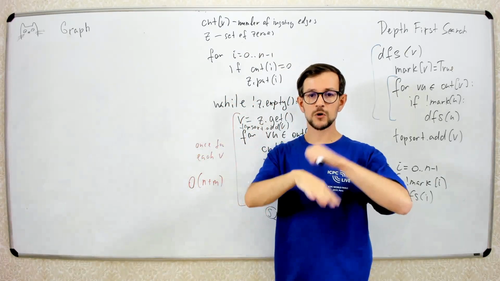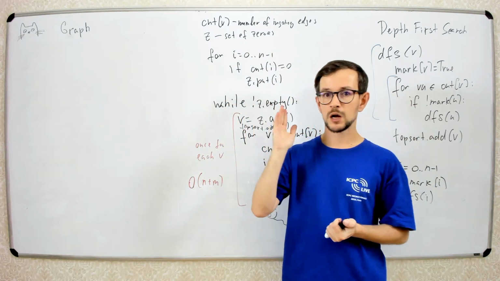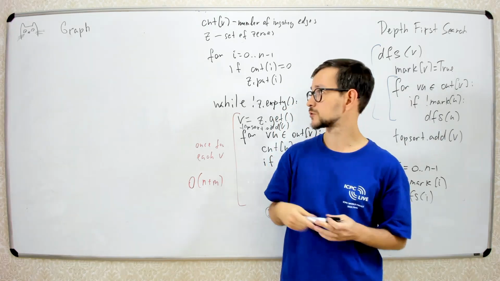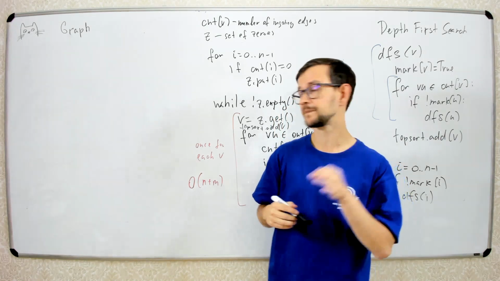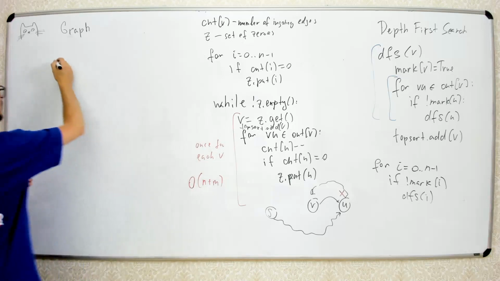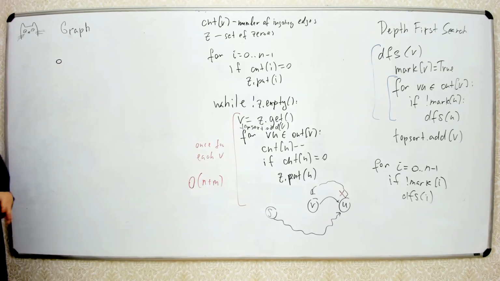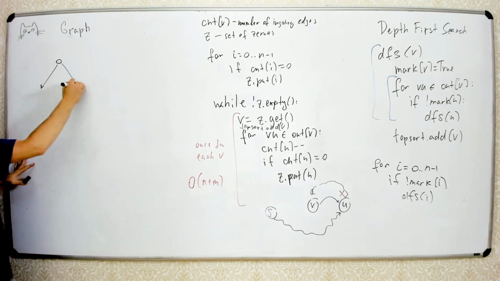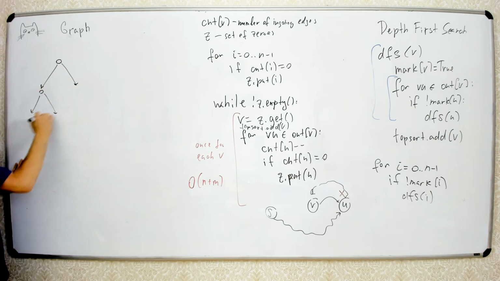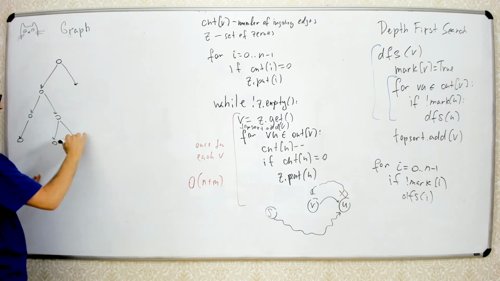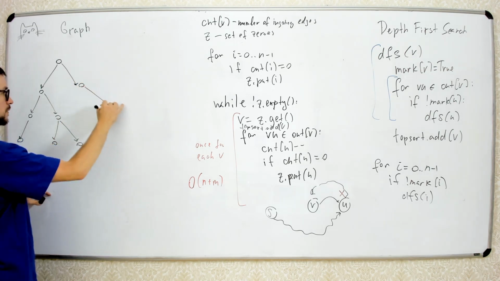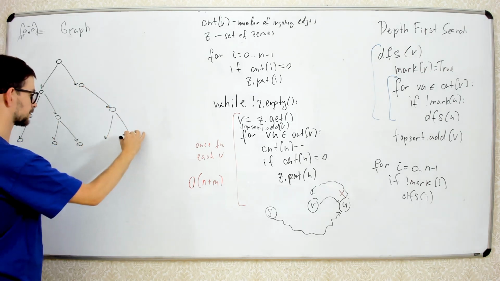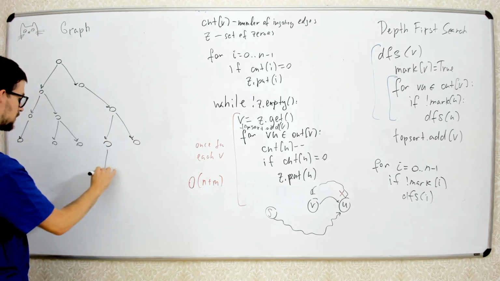Let's see how the whole situation works when you run depth first search in a directed graph. So if you have some directed graph, then you start your DFS from some node, and you go here, you go here, you go here, and somewhere here, and then you go here, like this.